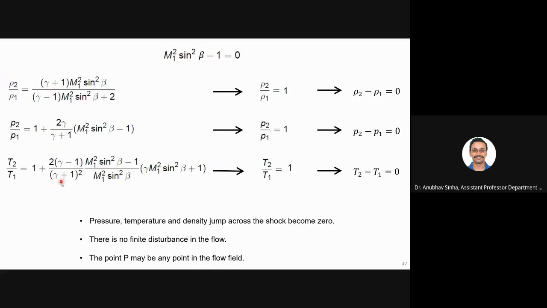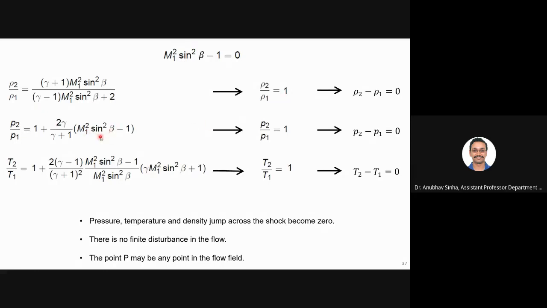Now in all these three equations, I will just substitute M1 sin square beta equal to 1. For example, if you take this equation and put M1 sin square beta as 1, it becomes gamma plus 1 divided by gamma minus 1 plus 2. The numerator is gamma plus 1, the denominator is gamma minus 1 plus 2, which is also gamma plus 1, so it becomes 1.